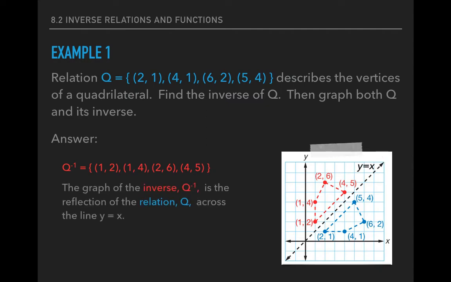The graph of that inverse, the red one, is a reflection of the original relation, the blue one, across that line, and that line is y equals x. This is true of all inverses when graphed. They will always be a reflection of their corresponding relation. So it's a cool property, and one that we need to be able to recognize.